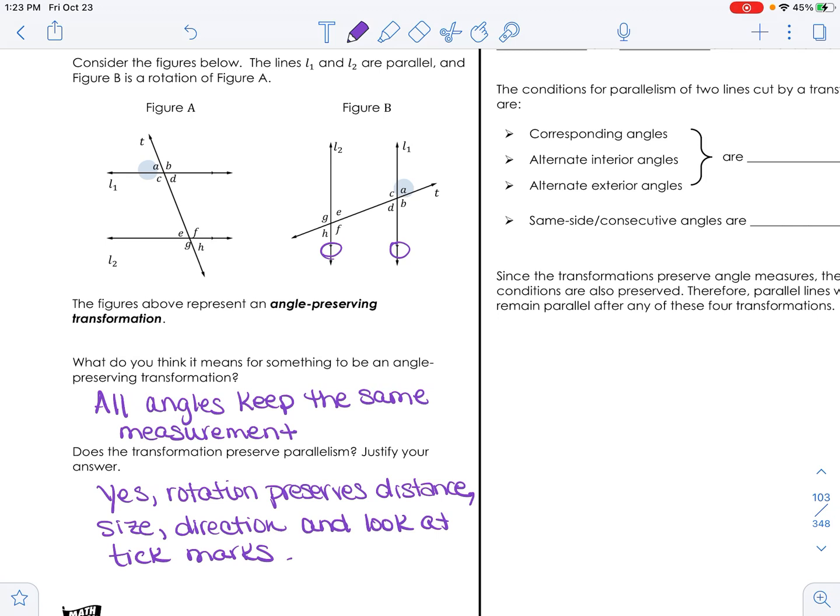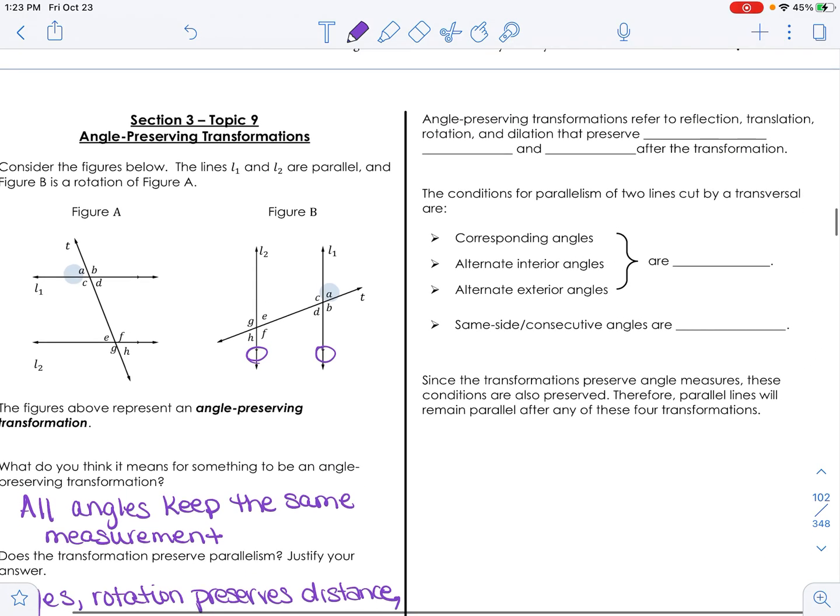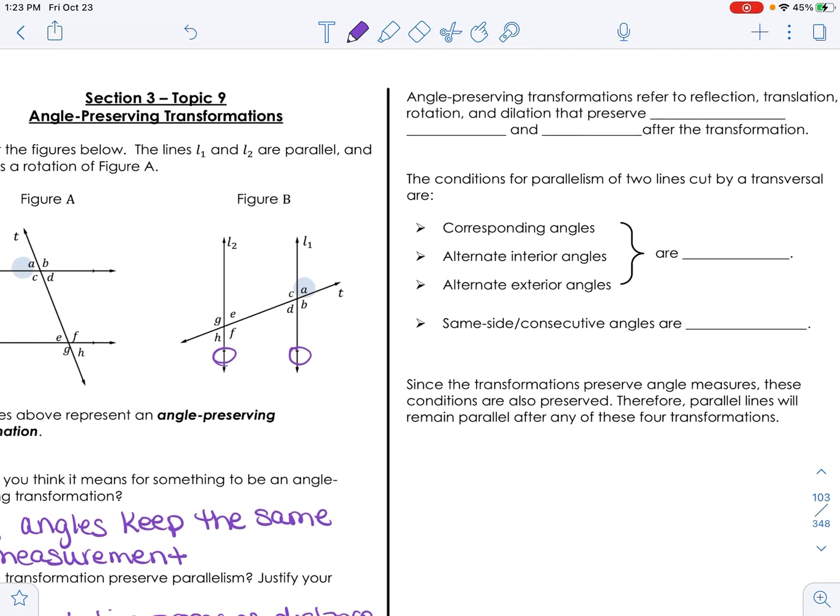Okay, so we're going to look at the angle preserving transformations and how they refer to reflections, translations, rotations, and dilations. So the angle preserving transformations refer to reflection, translation, rotation, and dilation that preserve angle measure and parallelism.